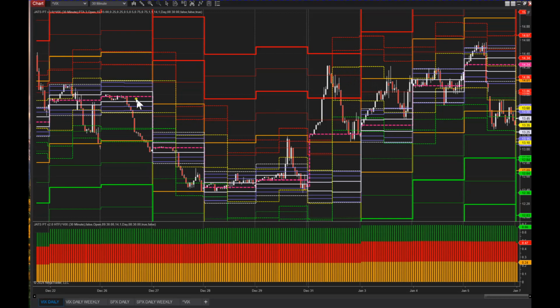The Globex, the nighttime, is in purple and white, and then the yellow is the RTH session. So when it's inside the Globex RTH together, that's your low vol, going nowhere kind of stuff. And when you start breaking the ones, where does it go? One, two, three. It's just the same as everything else.